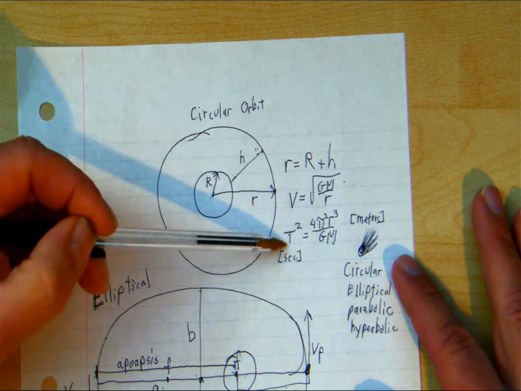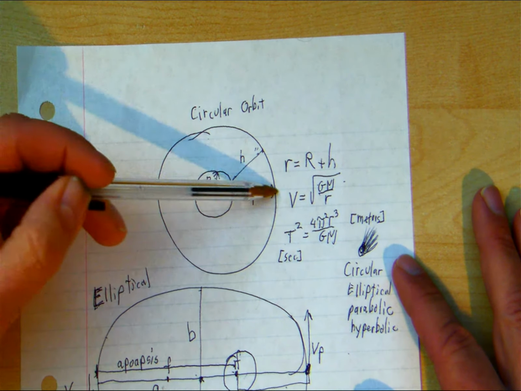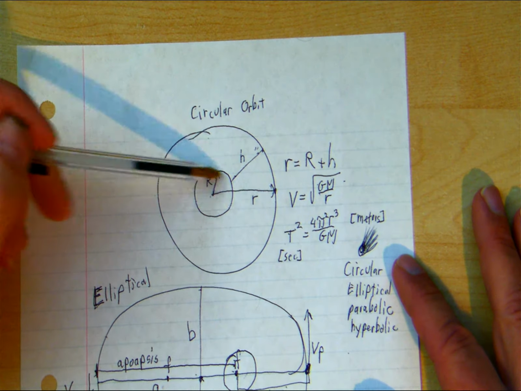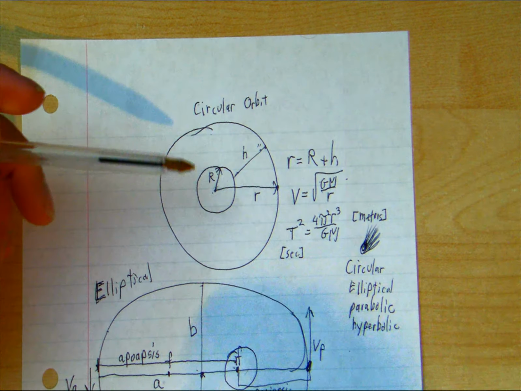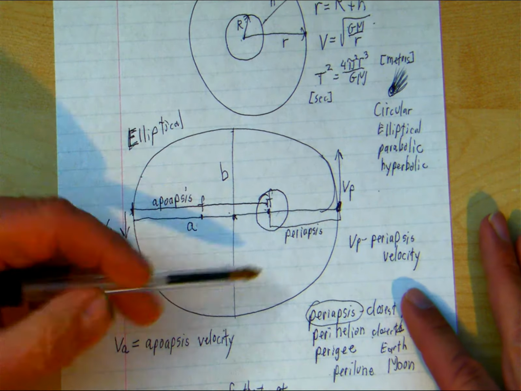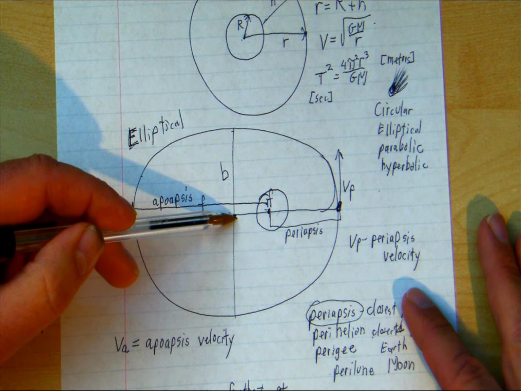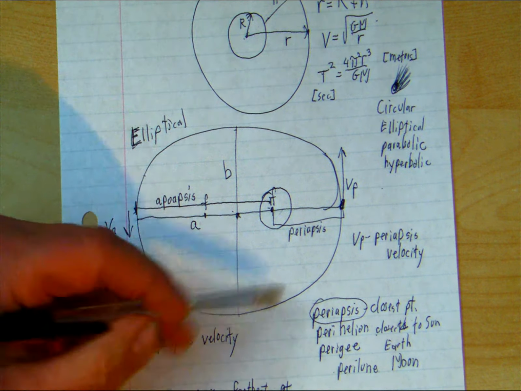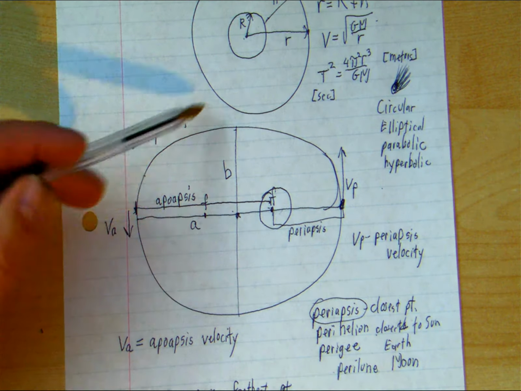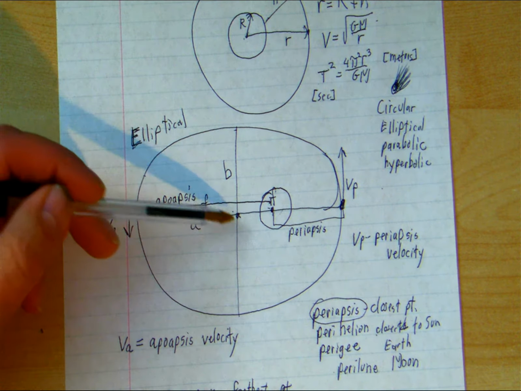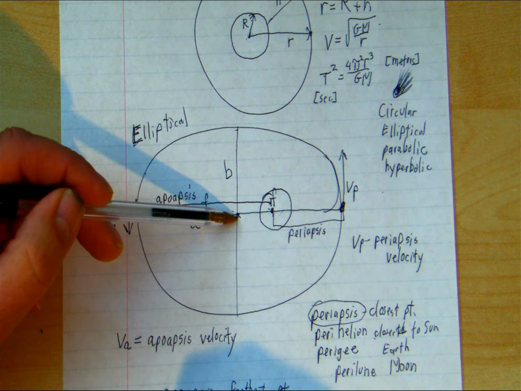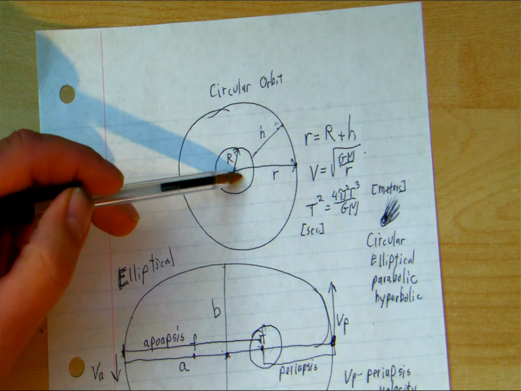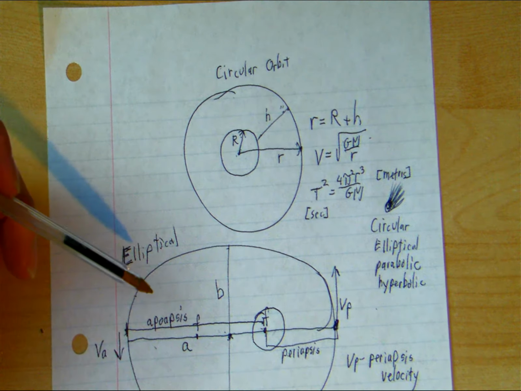The orbital period squared would be 4 pi squared times the orbital radius cubed divided by the universal gravitational constant divided by the mass of the central body. Great. Now, bringing that to bear for an elliptical orbit, the good news is the average speed and the period of an elliptical orbit is the same as the speed and period for a circular orbit whose radius is the average of the elliptical orbit.